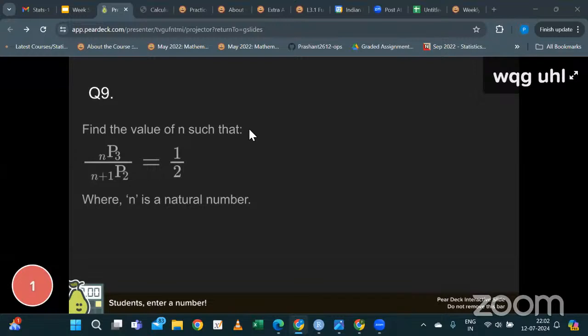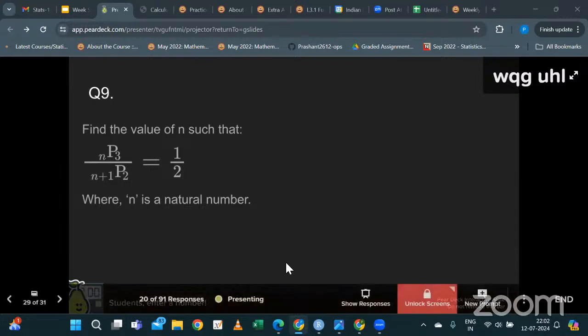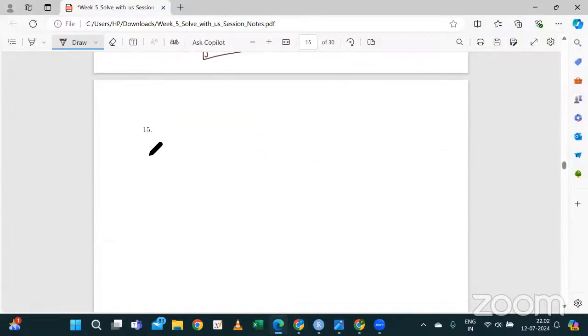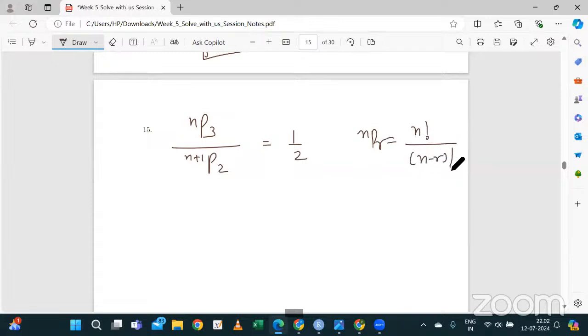So here basically what you have to do, we have to simply apply the formula of NPR. So the question is NP3 divided by N plus 1 P2 equal to half, right? We know the formula of NPR is N factorial divided by N minus R factorial.